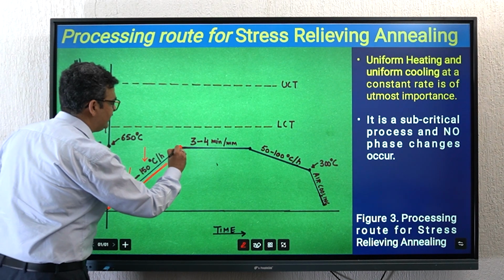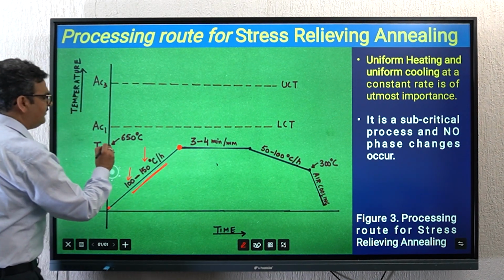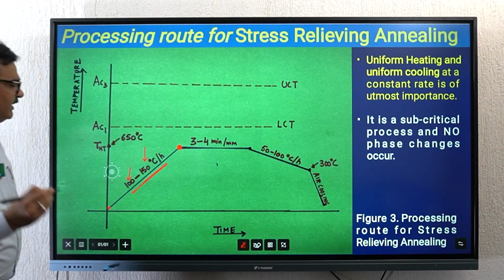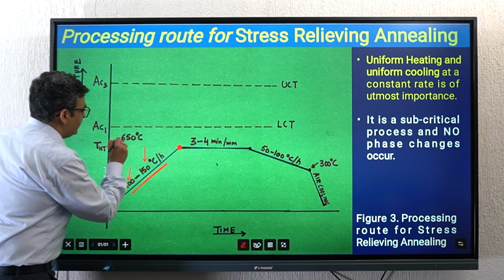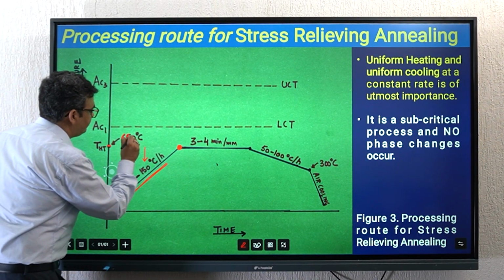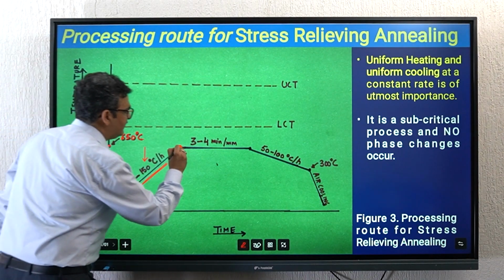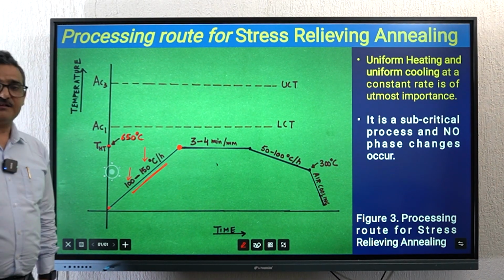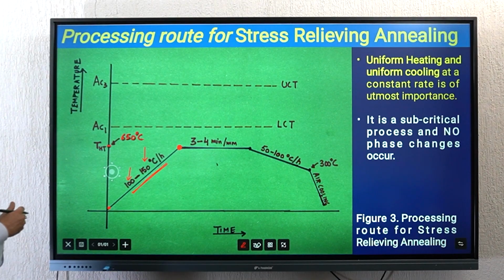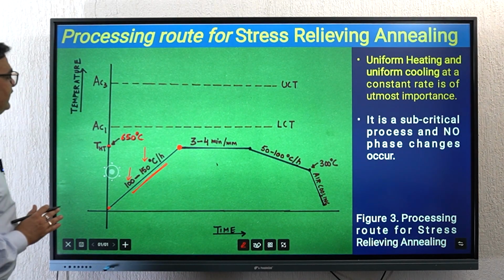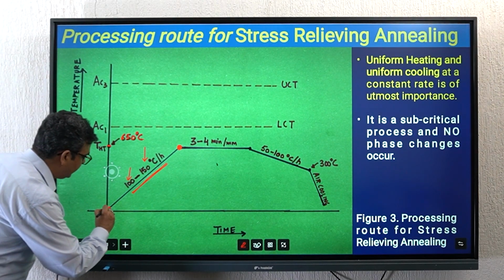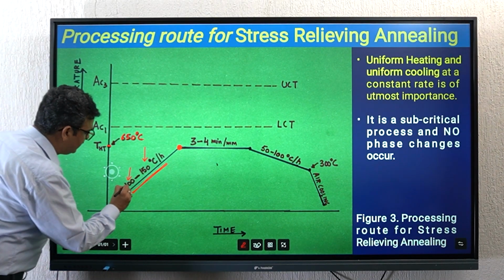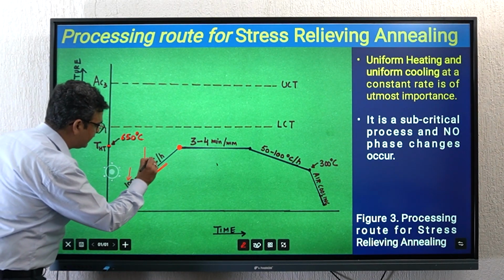And to what temperature do you have to go? Means what would be the heat treatment temperature? Generally we take any temperature where the diffusion process can take place actively. For most of the steels, if you are at about 650 degrees centigrade with a reasonable holding, ample diffusion would occur in the steel component and would eliminate any internal stresses. So we start heating the steel from room temperature with a constant heating rate, anything between 100 to 150 degrees centigrade per hour.